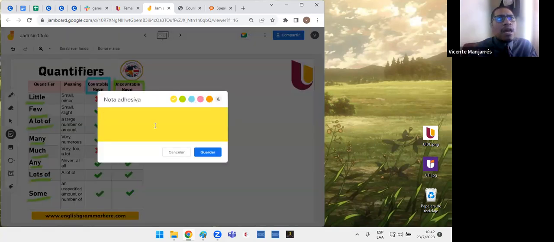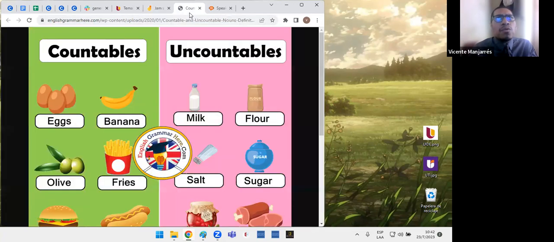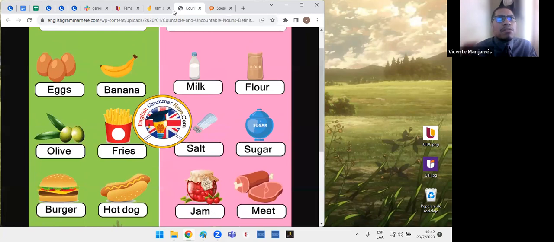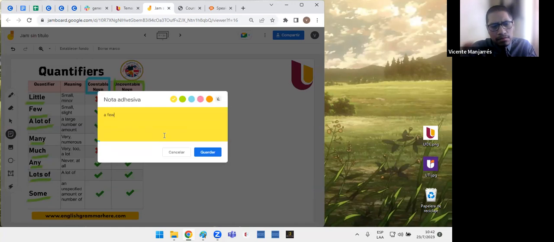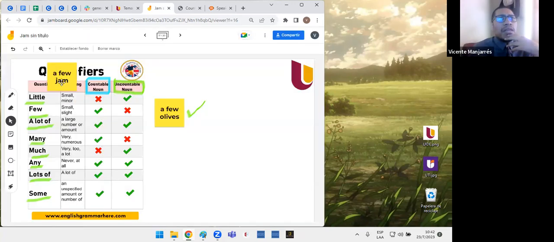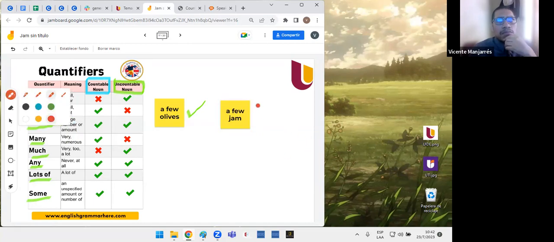Nevertheless, you cannot say, I want to buy a few jam. That would be wrong, because the quantifier a few or few, you cannot apply it to uncountable nouns. This would be wrong, right?